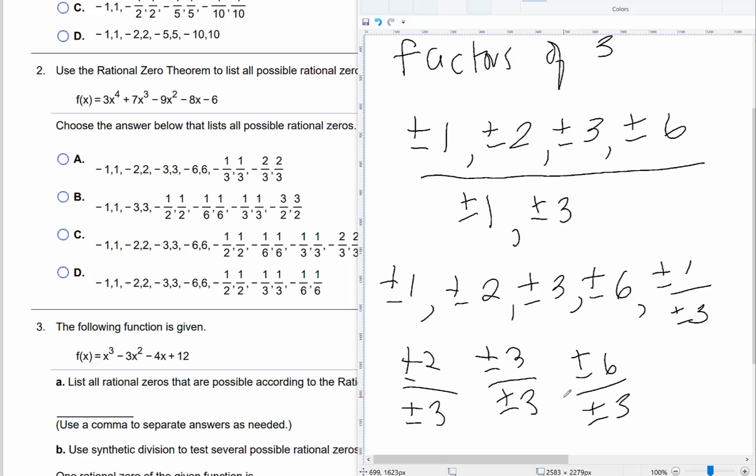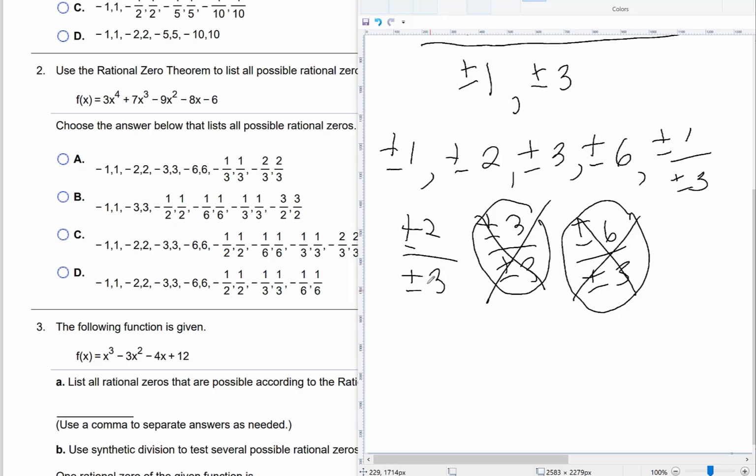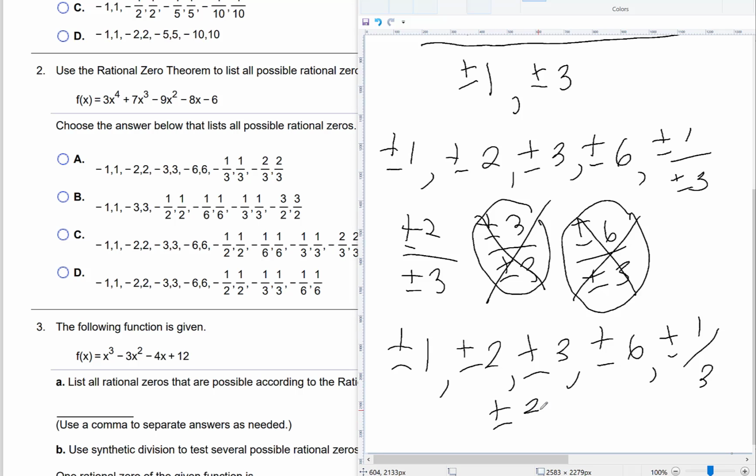Now, 2 of these will reduce. 3 divided by 3 is 1, so it's already represented. And 6 divided by 3 is 2, it's already represented. So our answers are, and we can disregard the plus or minus from either the numerator or denominator, it doesn't matter: plus or minus 1, 2, 3, 6, 1/3, and 2/3.